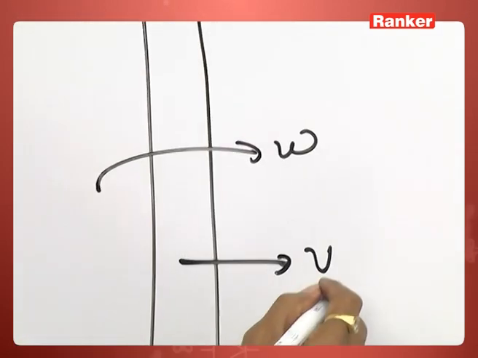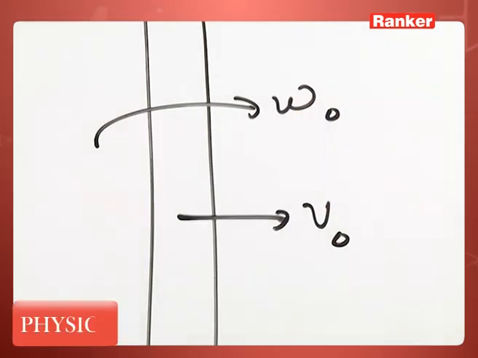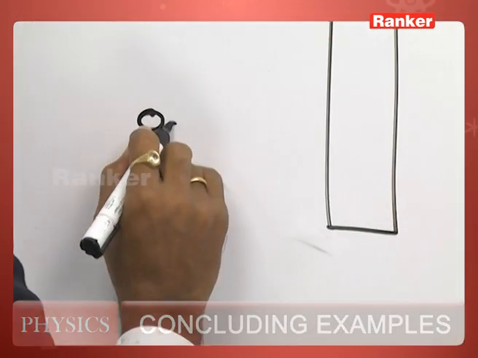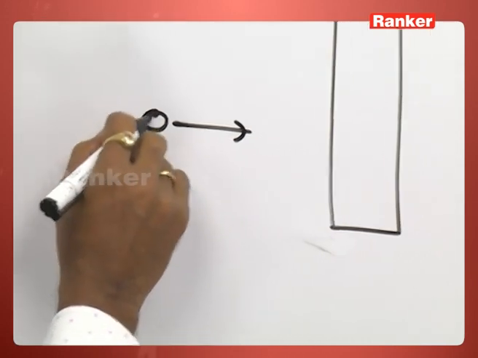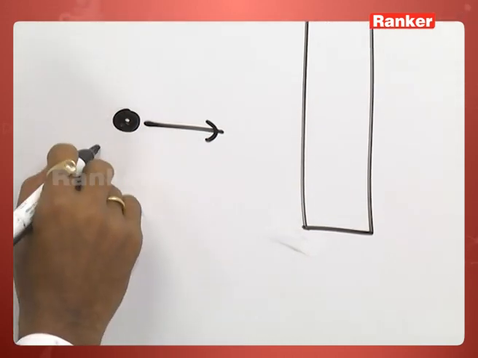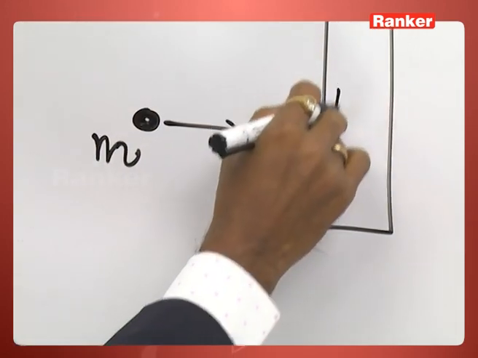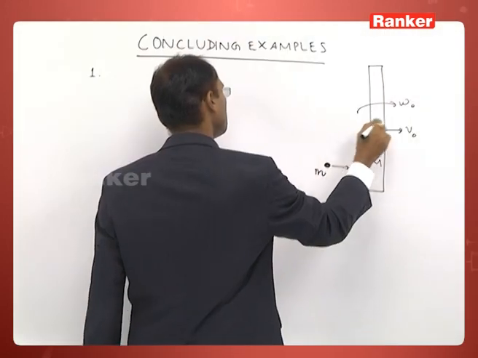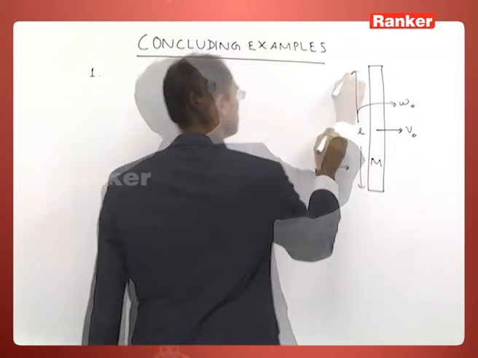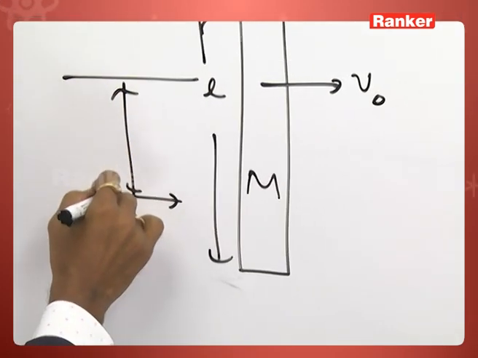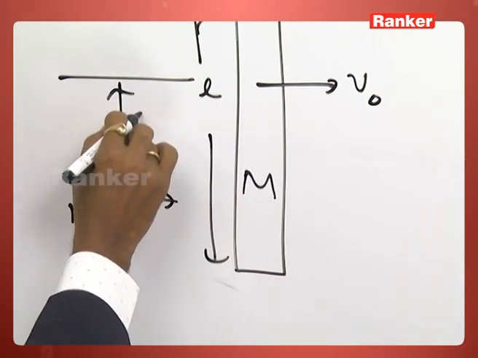Initially, let it be v naught and omega naught, and it is struck, collided by or hit by a particle of mass small m. Rod mass is capital M. Length of the rod, let it be L. From center of mass of the rod to this particle, distance is let B.